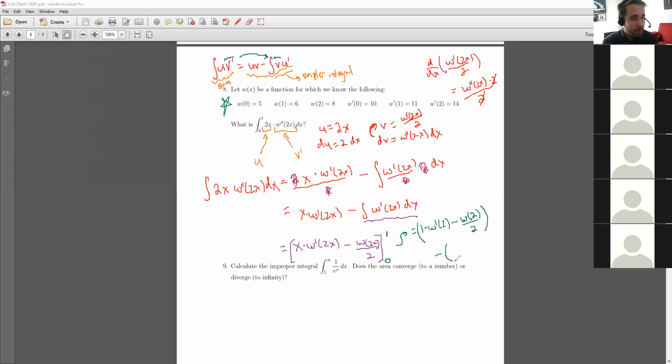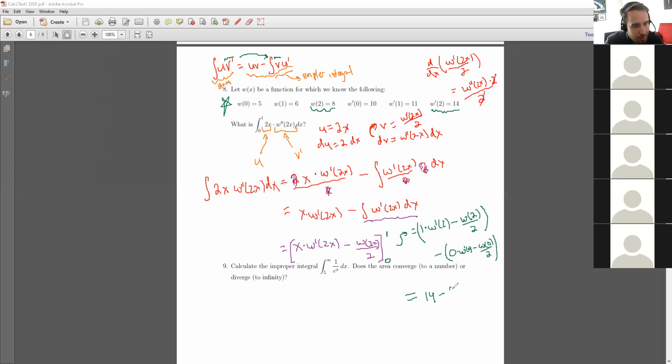And when I plug in 0, I'm going to get 0 times w prime of 0. I'll just go ahead and write that out. 0 times w prime of 0 minus w of 0 divided by 2. And what does that end up giving us? Well, when we plug in, we notice that w prime of 2 was 14. So that's going to be 14 minus w of 2, which was 8.